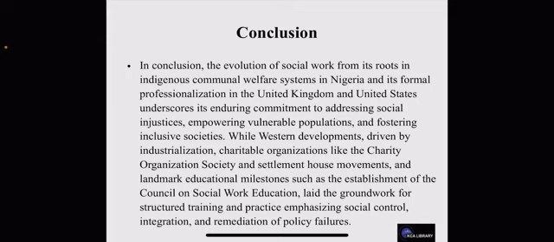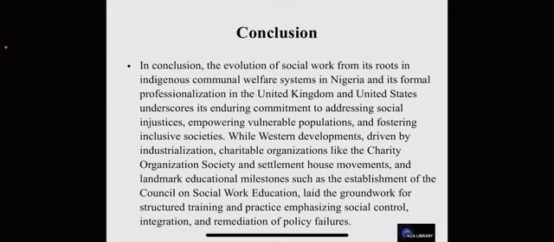Now, in conclusion, the evolution of social work from its roots in indigenous communal welfare systems in Nigeria and its formal professionalization in the United Kingdom and United States underscores the enduring commitment to addressing social injustice, empowering vulnerable populations, and fostering an inclusive society.